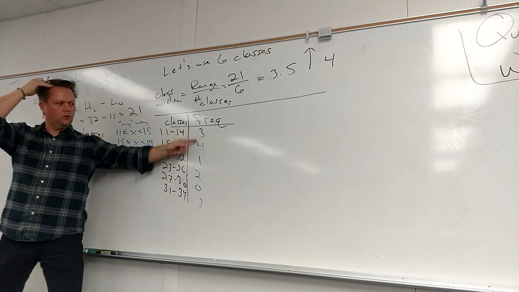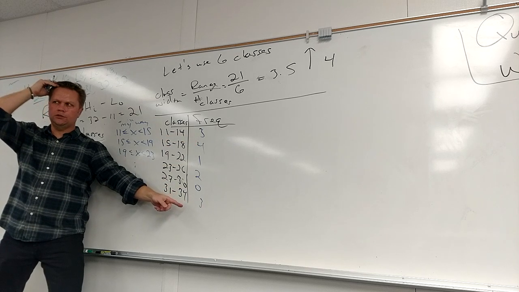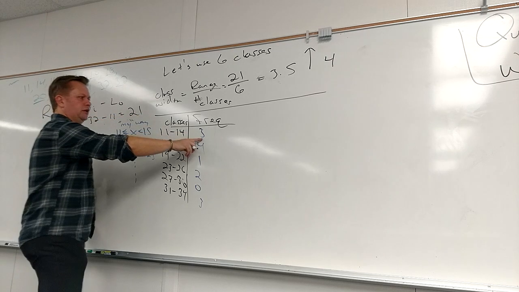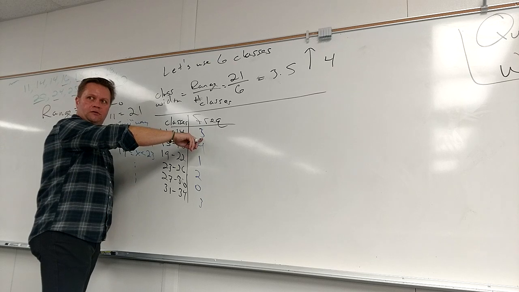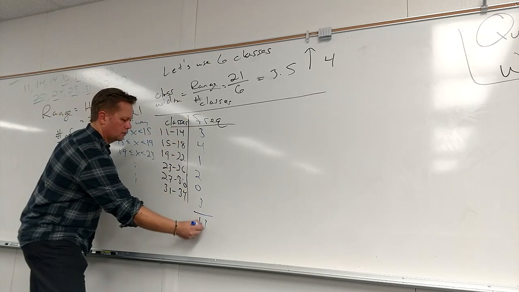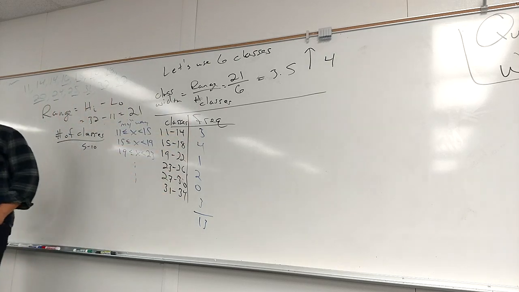Now, if I do whole numbers, there's a better way to do this to show the relative amount in every class. How would I show the relative amount in every class? Like in this class, there's 3 data points out of, how many total data points were there? If you add these up, 7, 8, 10, 13.